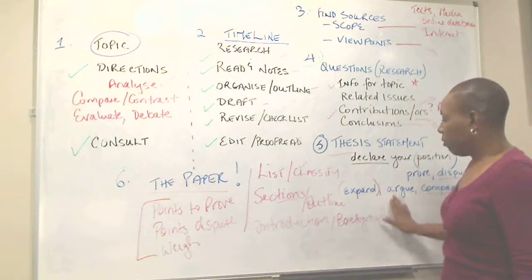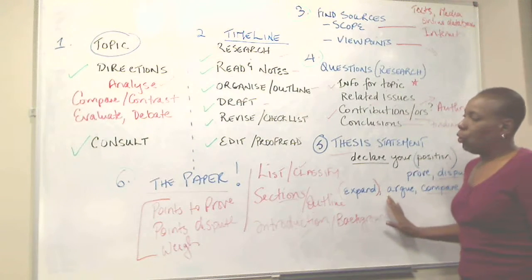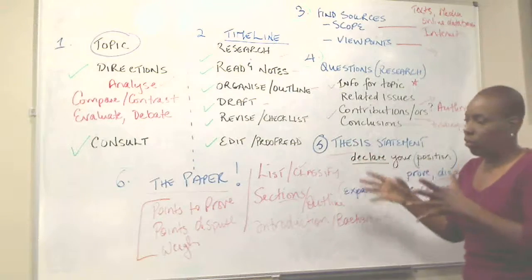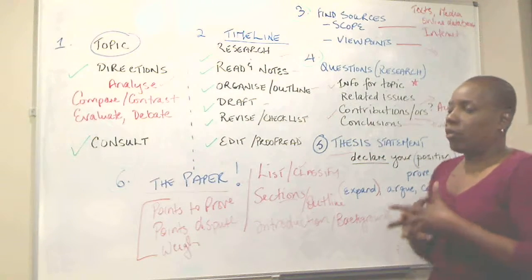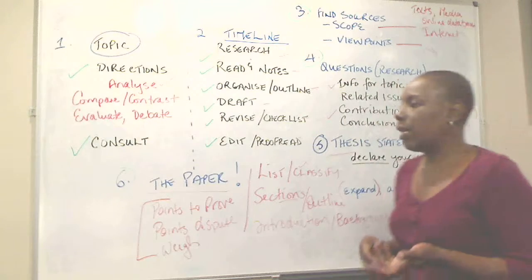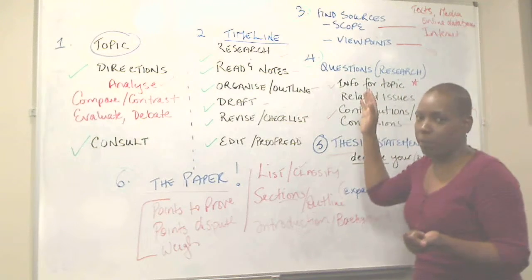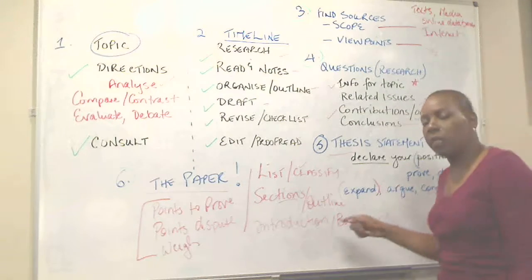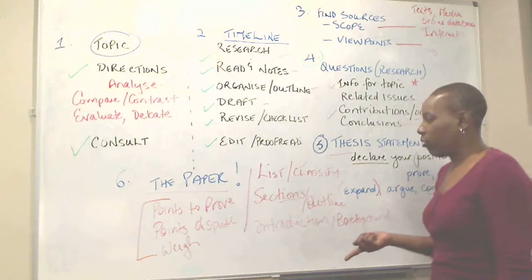By the end of it, you are taking a position that aligns with what the instruction is. If it's a topic that you would have chosen, at any rate you would have indicated from the beginning what the objective of your study is, and so your thesis must be in line with your objective.